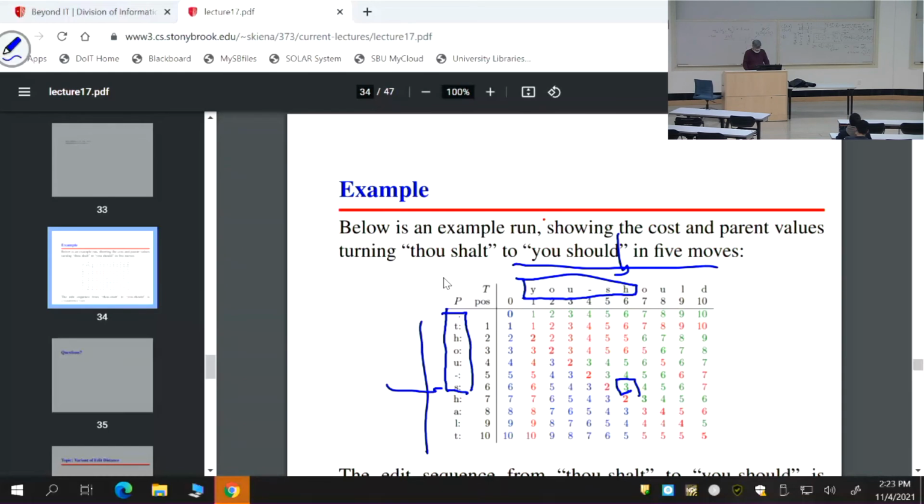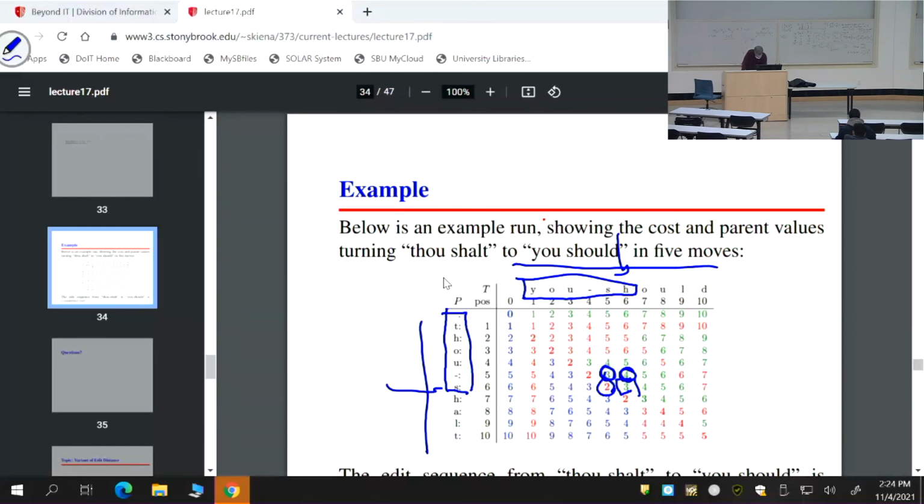So what are my choices? I could either pay 1 plus that cell, which would have been 4, or I could have paid 1 plus this cell, which would have been now 5, which is even more gruesome. Or I could pay 1 plus that cell, which was 2. 1 plus 2 is better than any of those options.